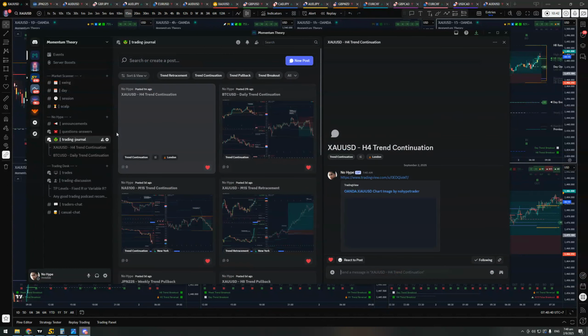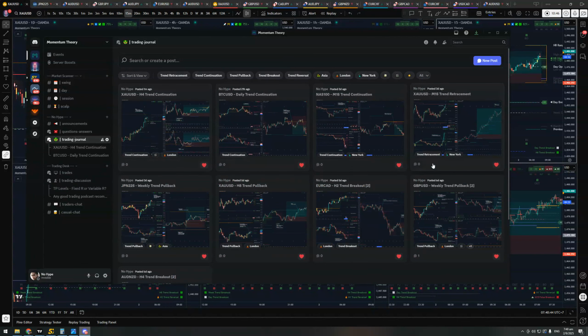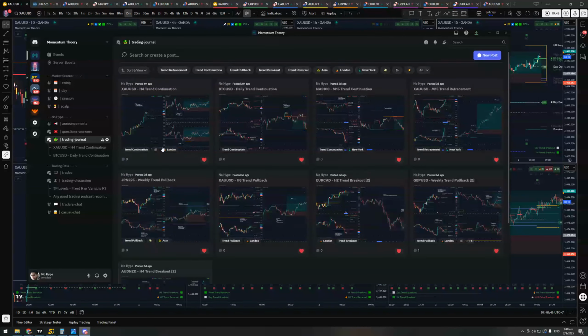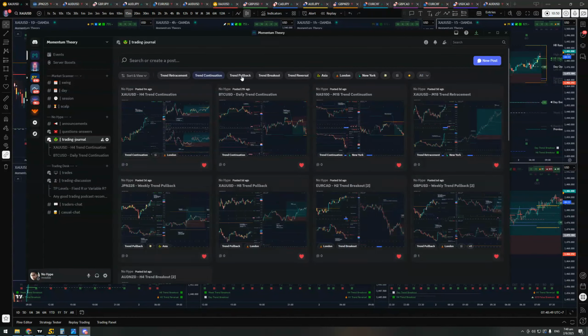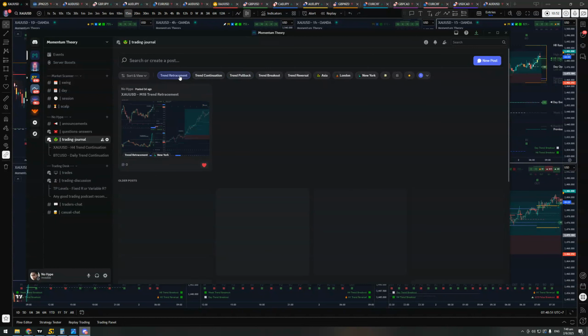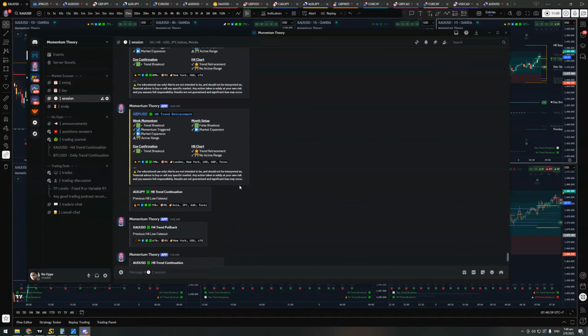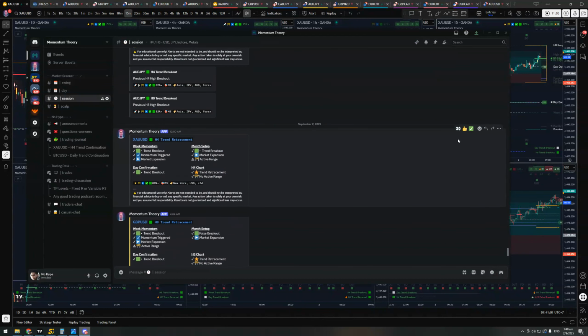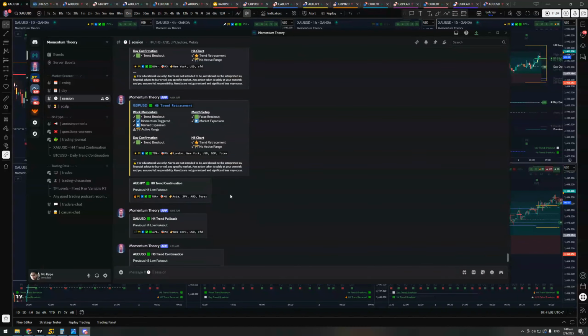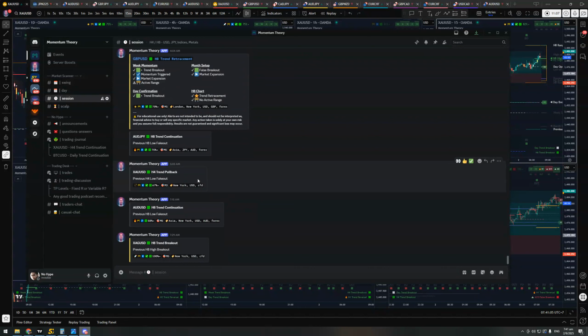So the whole idea with this trade journal is that all the trades that I take are going to be all here, and then you can filter each section, see how all the trade setups work. And this particular one, I think there was an H4 trend retracement that became, or was it trend pullback?